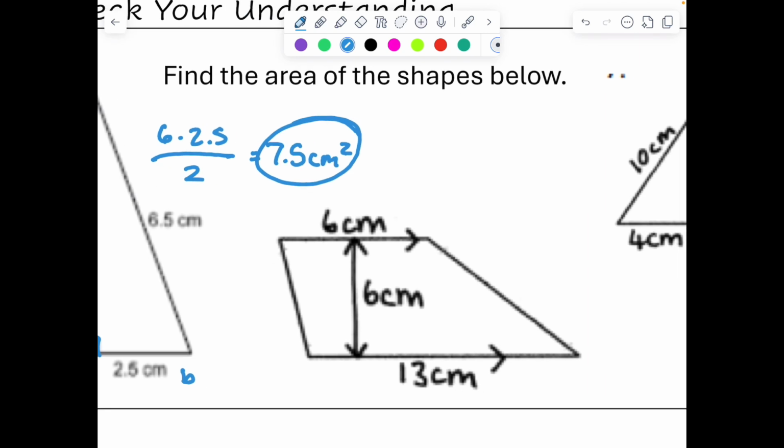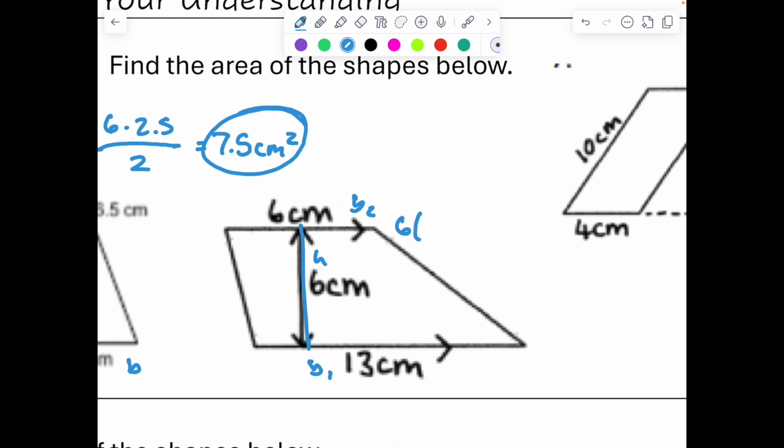Here with our trapezoid, our height is 6, so height, base 1, base 2, so using our formula, 6 times 13 plus 6 divided by 2 is going to be 57 centimeters squared.